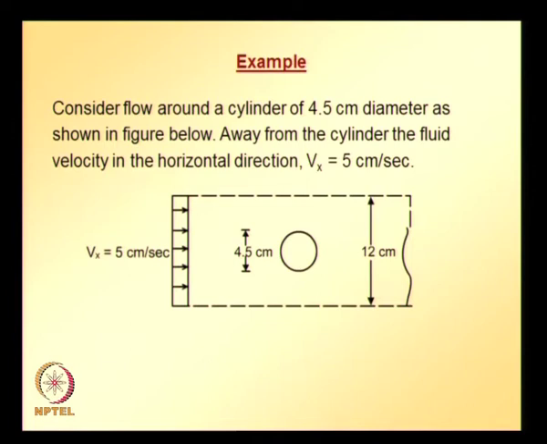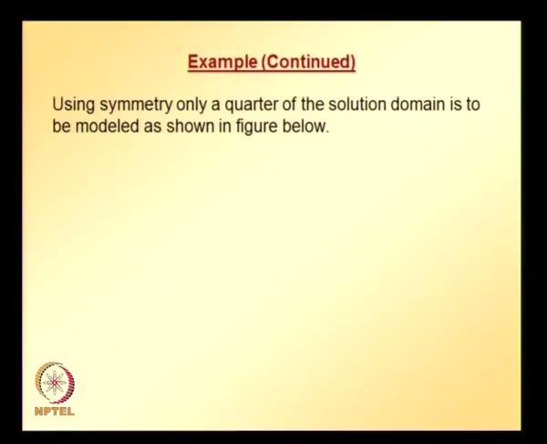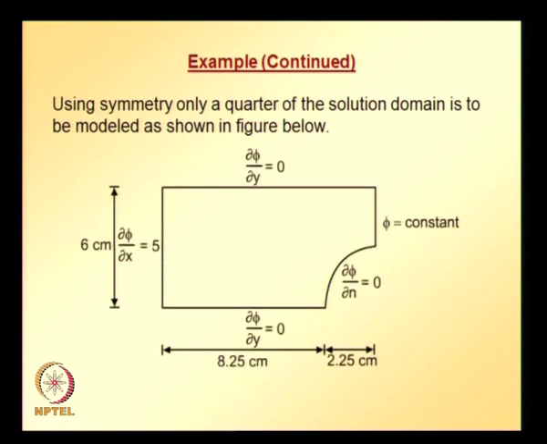Again, only a quarter of the solution domain needs to be modeled because of symmetry, and the boundary condition on the left vertical face is that the partial derivative of potential with respect to x is equal to 5, because Vx, the fluid velocity in the x direction at that location, is already given in the problem statement.